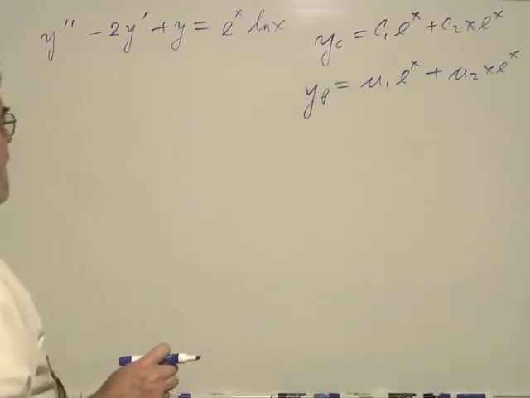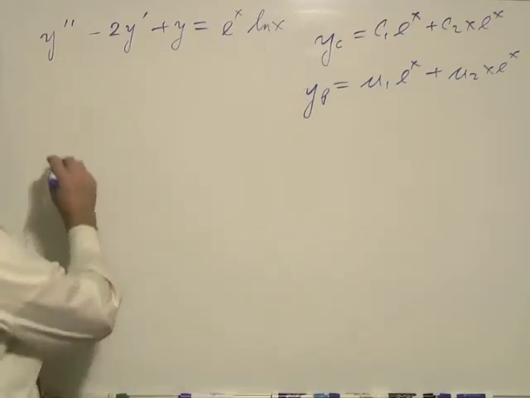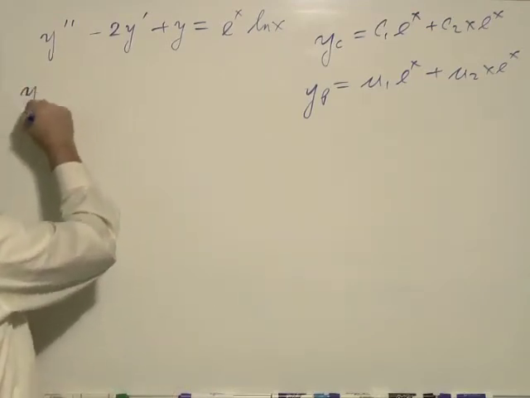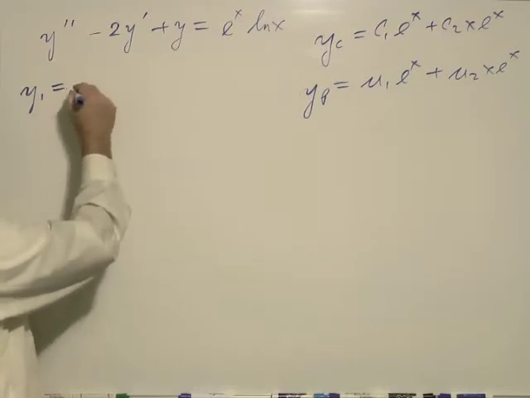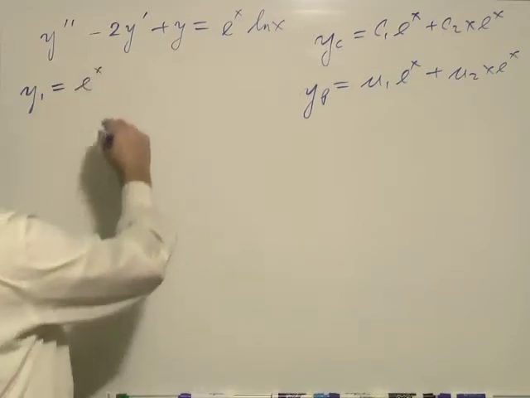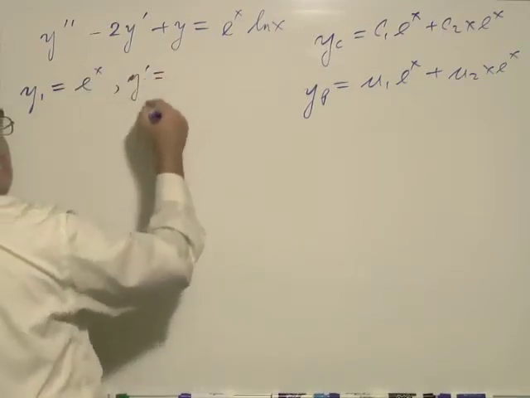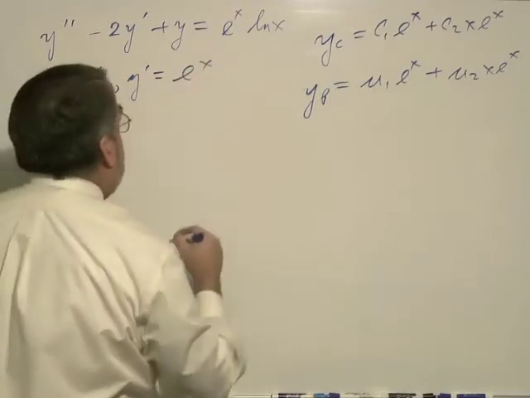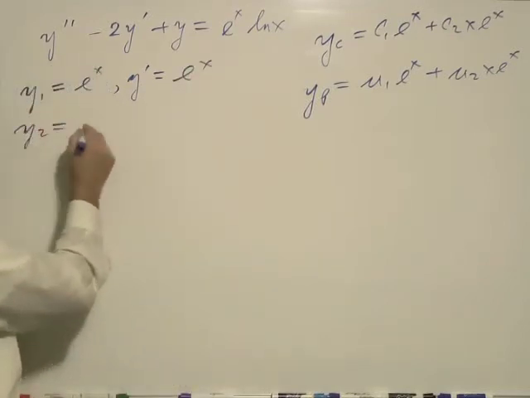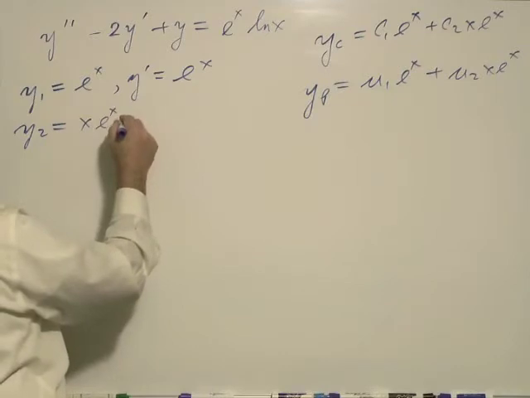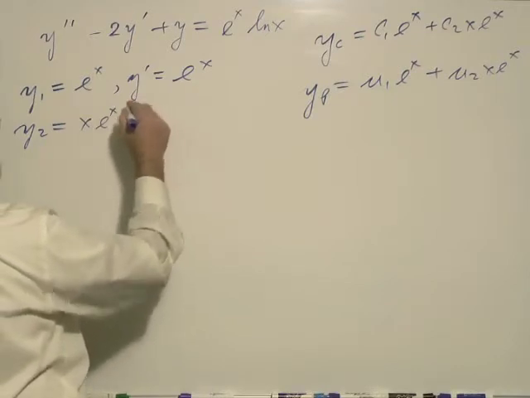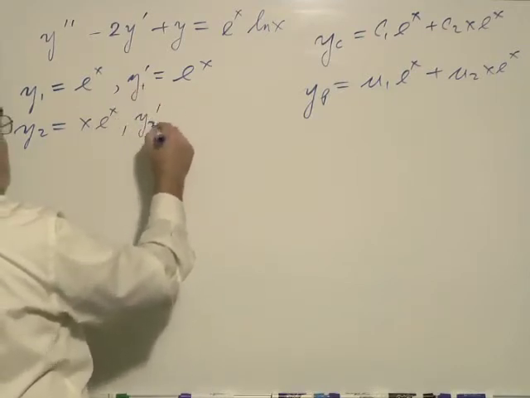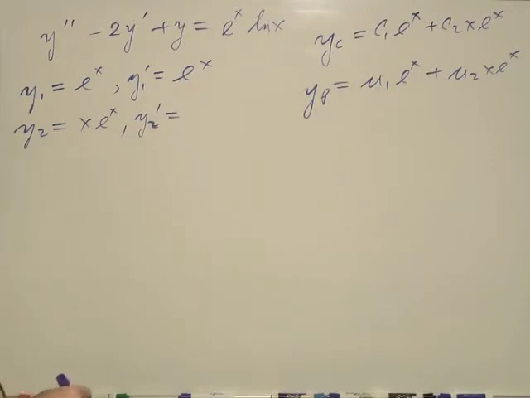Okay, so where do we go here? We need to note that y1 is equal to e^x, and y1' will be e^x. y2 will be x e^x, and y2' will be that derivative.